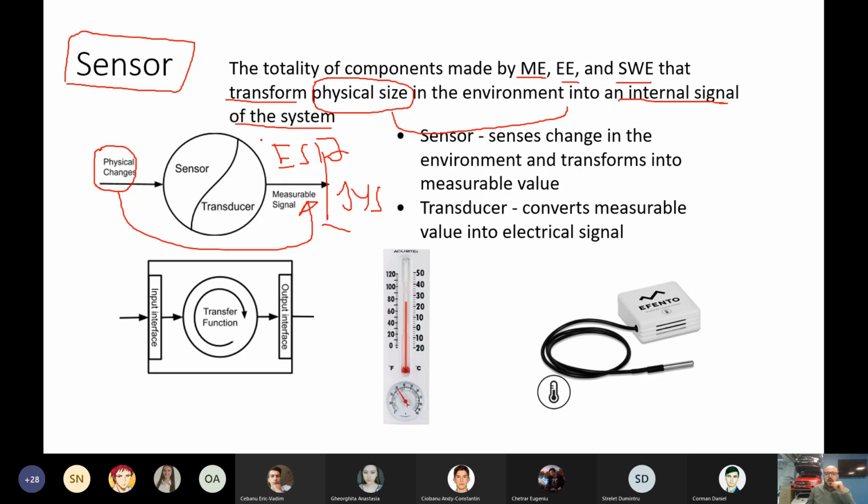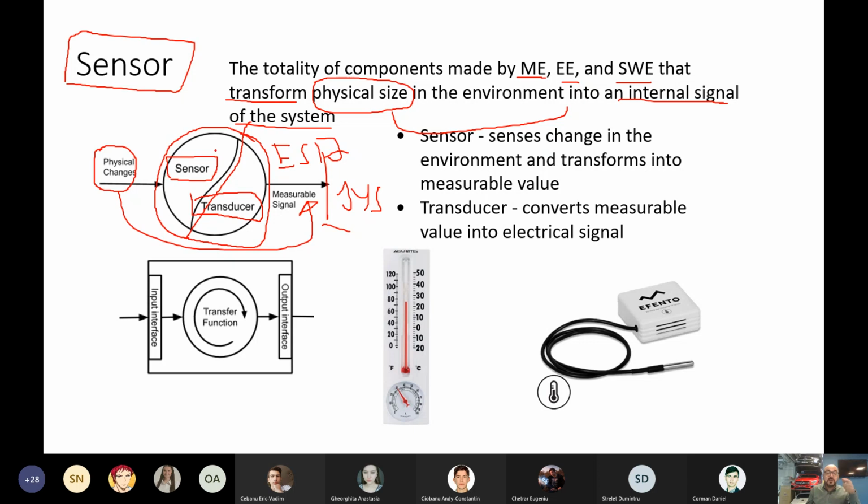Now let's go a little deeper, and we'll see that a component used as a sensor will always have two parts. One part is responsible for sensing, and the second part is responsible for adapting or transforming the information.